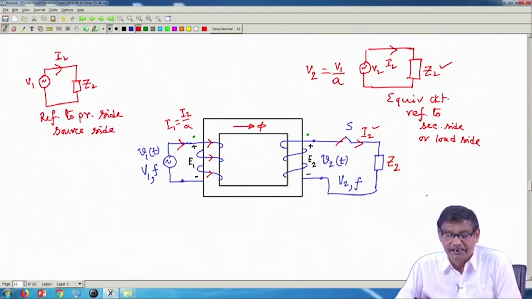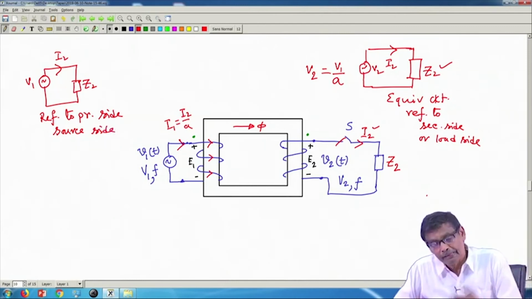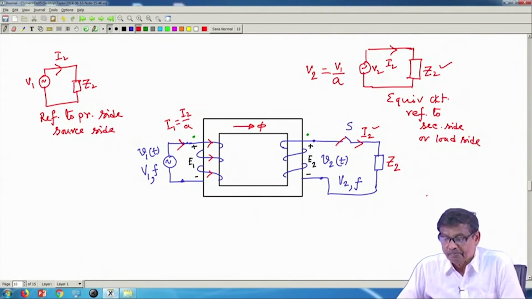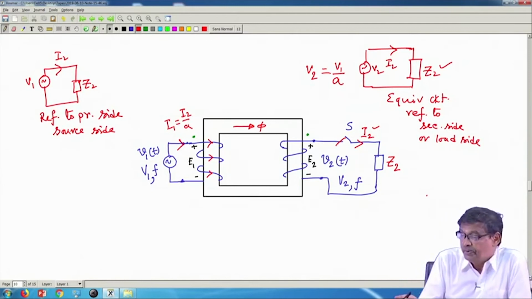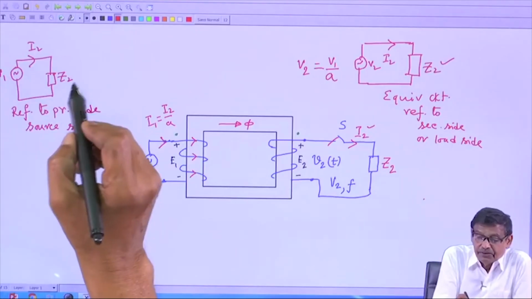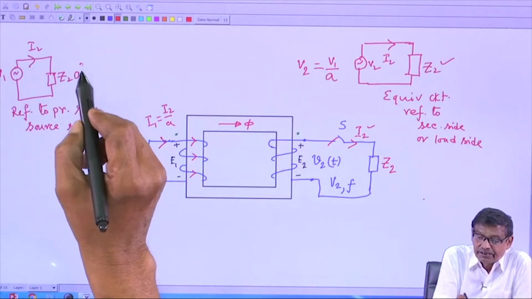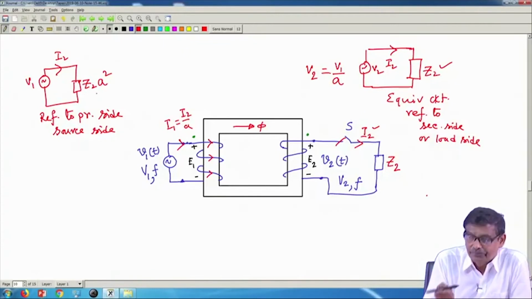So, the rule is very clear. Any impedance you bring from the secondary side to the source side, you multiply it with A square. It should not be Z 2, it is A square into Z 2.